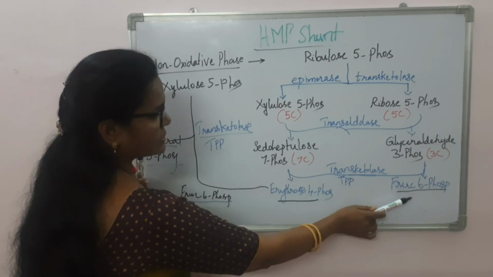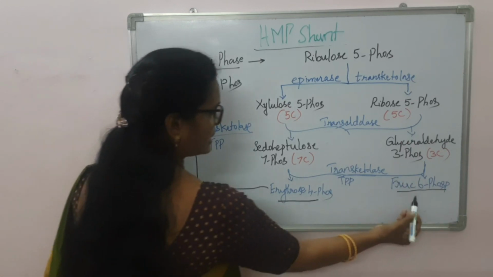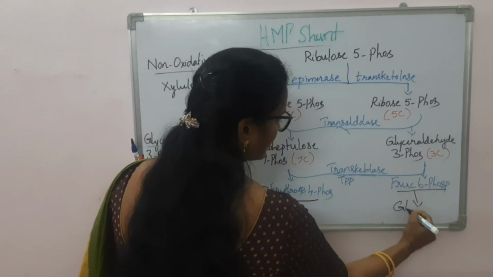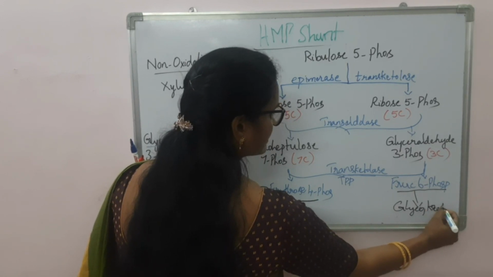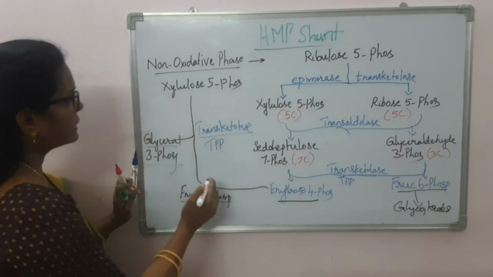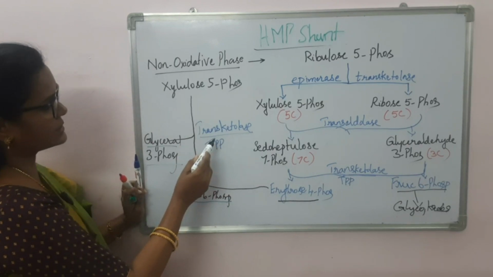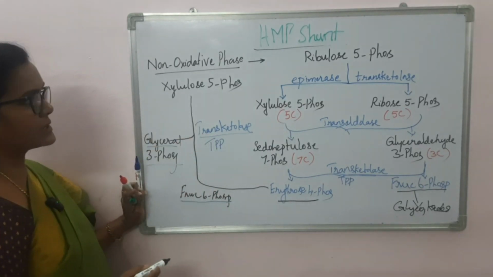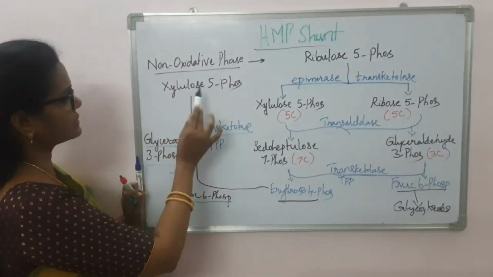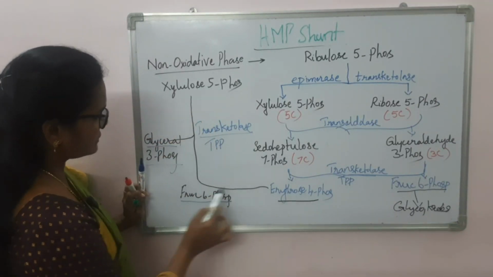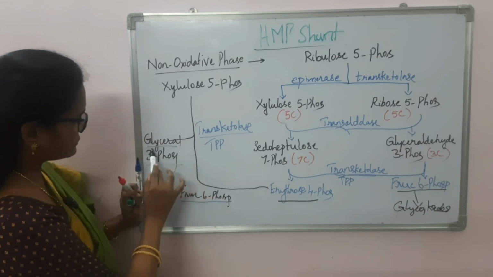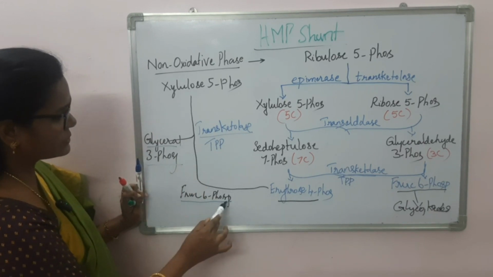This fructose 6-phosphate enters TCA cycle and glycolysis and is completely oxidized through this. Whereas transketolase enzyme again acts on one more molecule of xylulose 5-phosphate and transfers its 2 carbons to erythrose 4-phosphate, so that it forms glyceraldehyde 3-phosphate and fructose 6-phosphate.